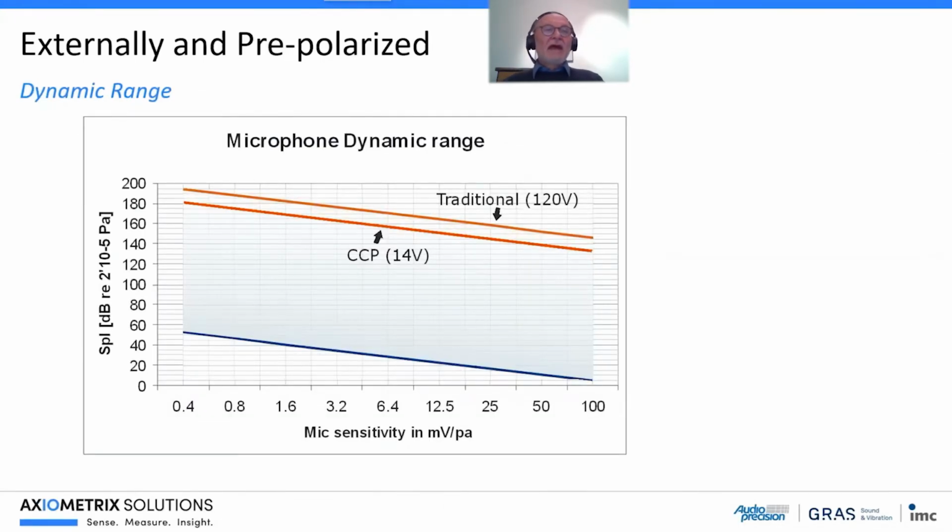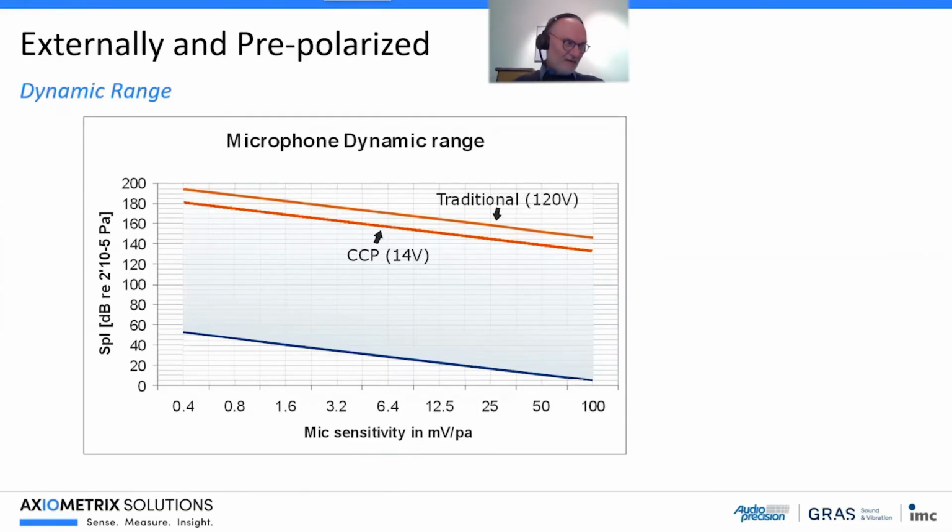If we look at the dynamic range of externally and pre-polarized microphones, then for the microphone capsule itself, the dynamic range is actually the same. If you use a pressure microphone of the same size, half-inch for instance, they will have the same dynamic range.